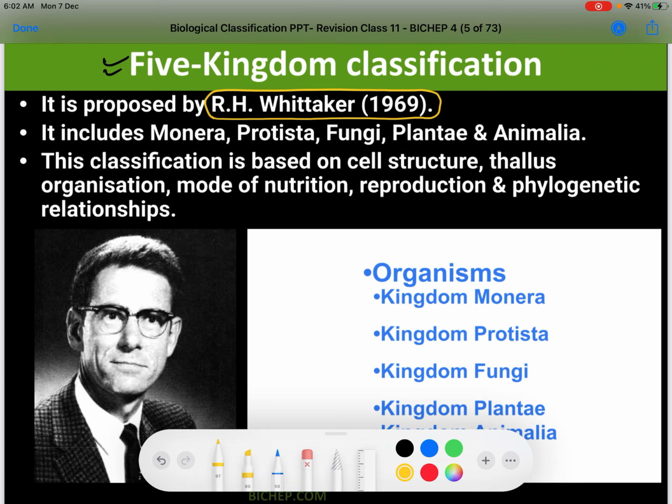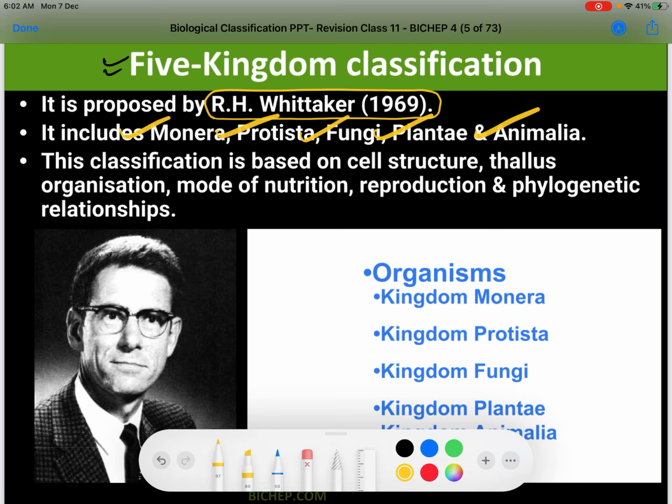Ready? Number 1, Monera. Number 2, Protista. Number 3, Fungi. Number 4, Plantae. Number 5, Animalia. So he proposed a more adequately differentiated and most scientific method of classification at that time, which included 5 kingdoms, and that is why it is known as 5 kingdom classification.